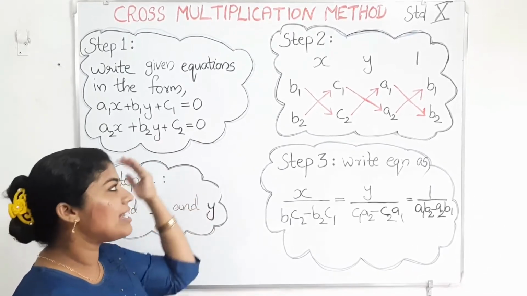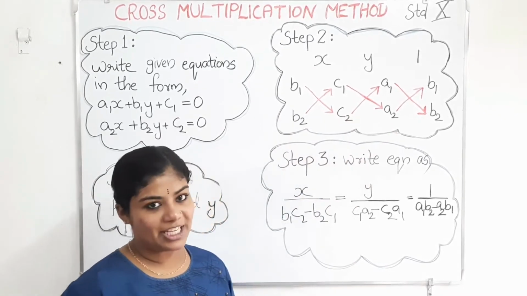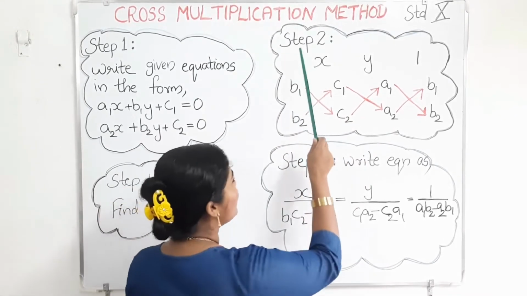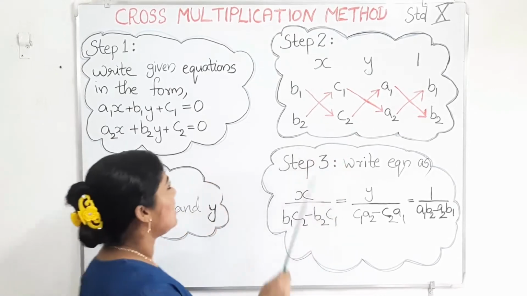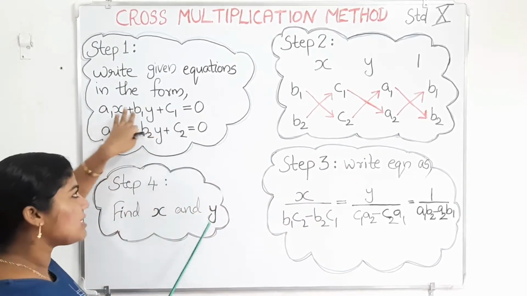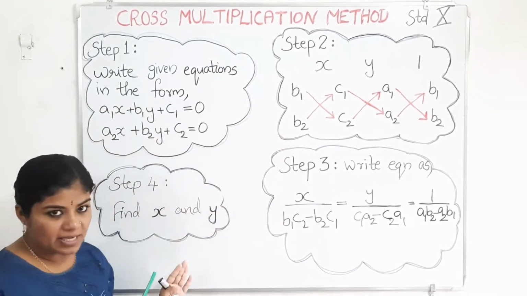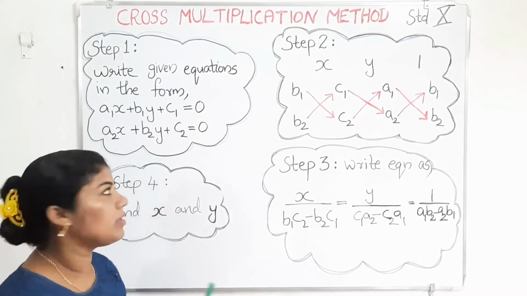Okay, now let's move to step 2 of the cross multiplication method. See here how many variables. If you study this, you can write the remaining steps 2, 3 and 4; I will explain the details.